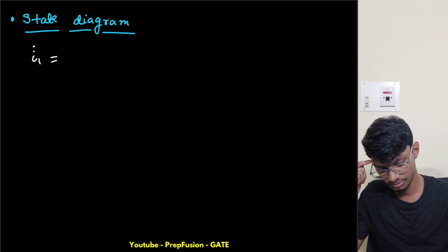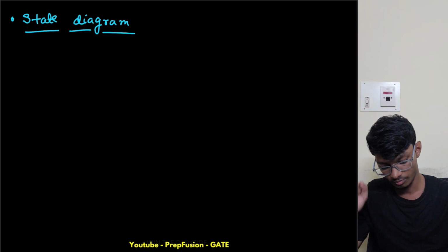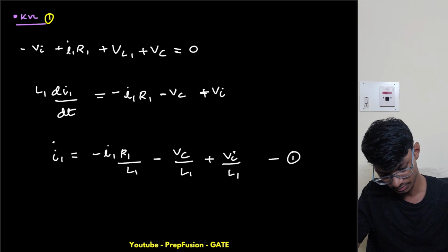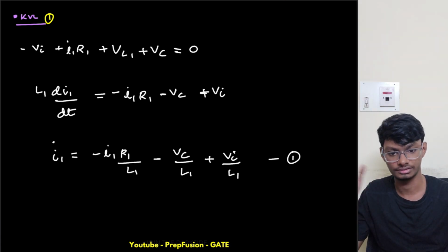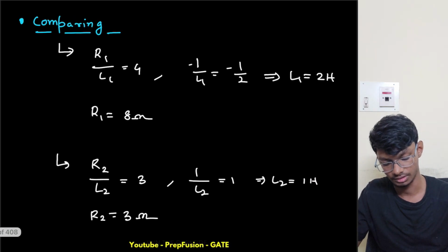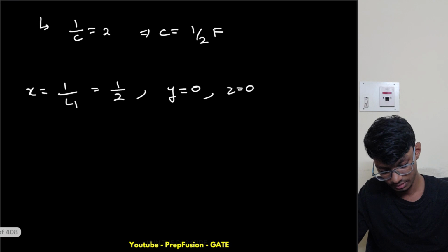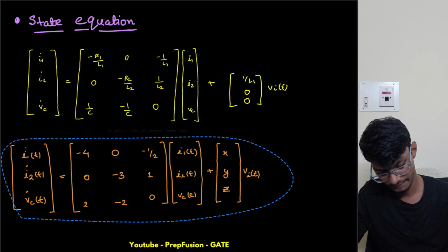In terms of state variables, I can copy the equations 1, 2 and 3. So what was 1? 1 was this one, right? This is written in R1, R2, so I have to write it in simple number format. So I will write the matrix itself. Let me copy the matrix and then write the equations. That will be easier.